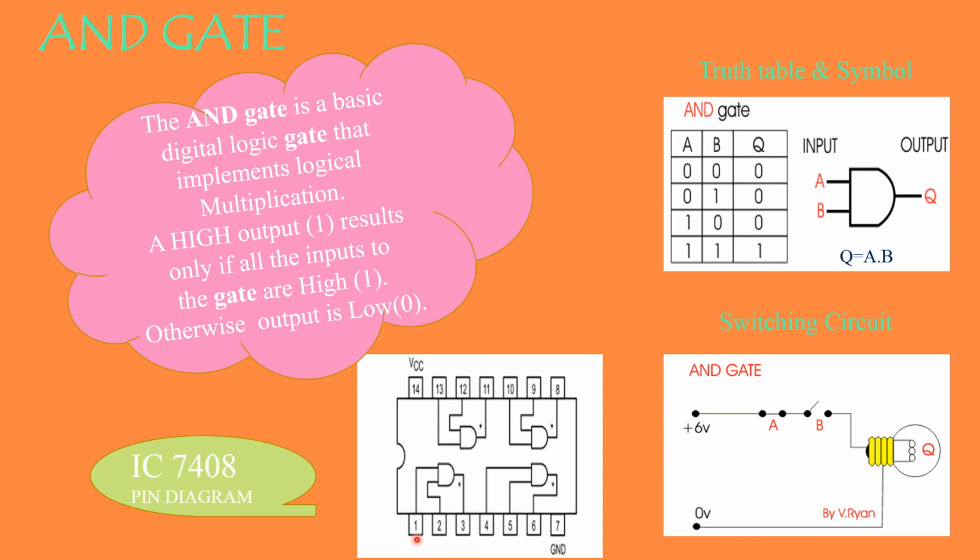And remember, pins 1, 2, 4, 5, 9, 10, 12, 13 are always going to be your inputs. And your outputs are pins 3, 6, 8 and 11. So you have to learn this by heart, no other go. When you come to your laboratory, you have to come with this pin diagram. Only then can you make your connections.